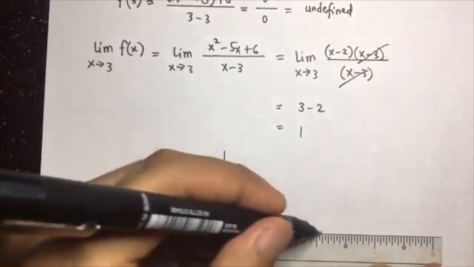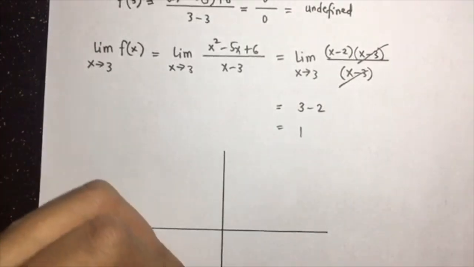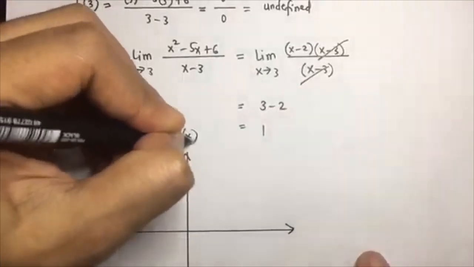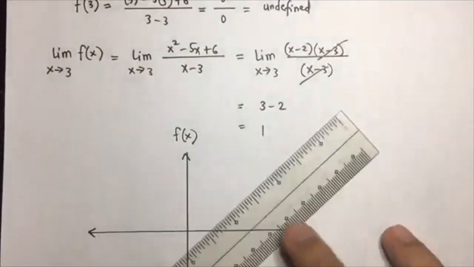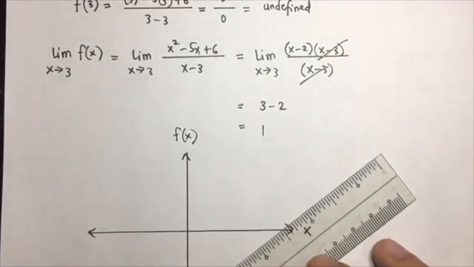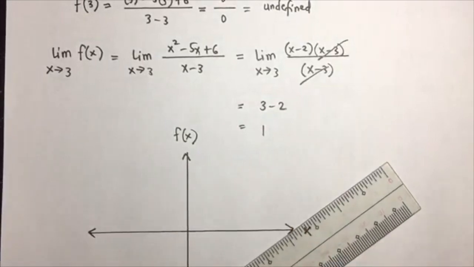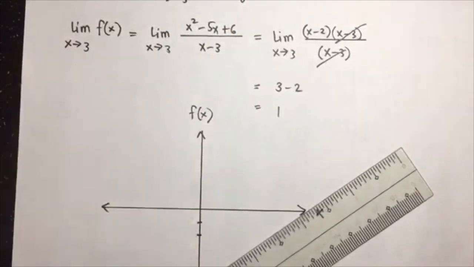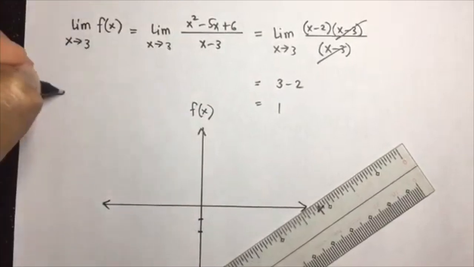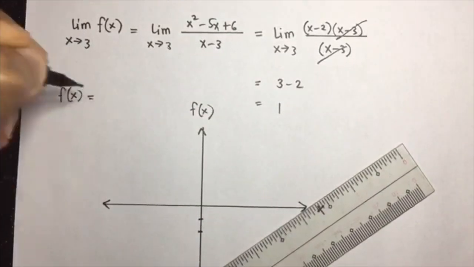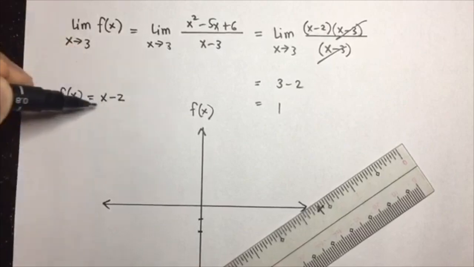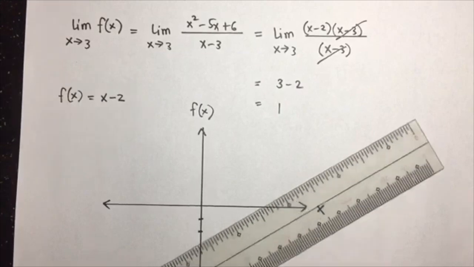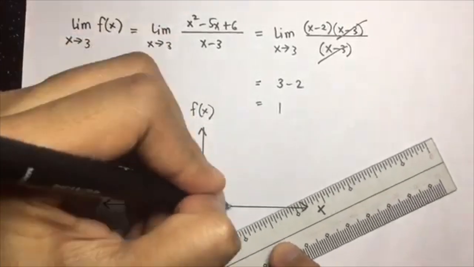From your analytic geometry, this is our f of x, this is our x. Let's plot f of x is equal to x minus 2. That should be a straight line with a slope of 1 and the y-intercept is negative 2. So we have 1, 2, 3.